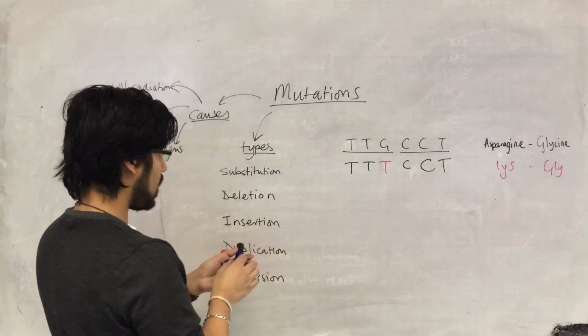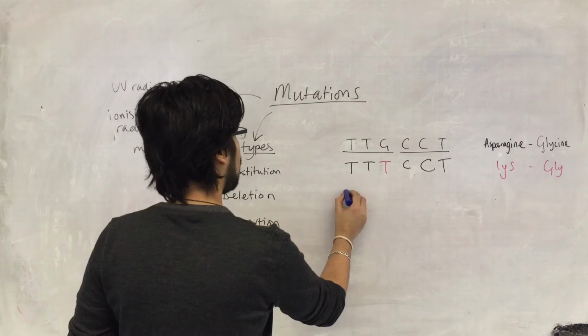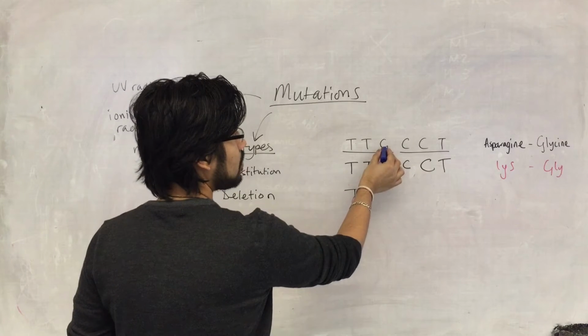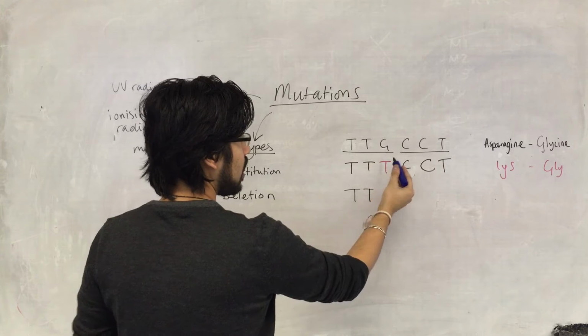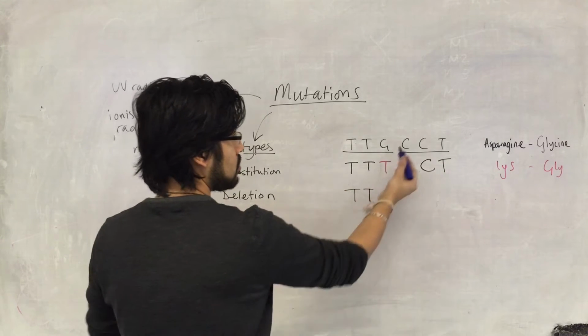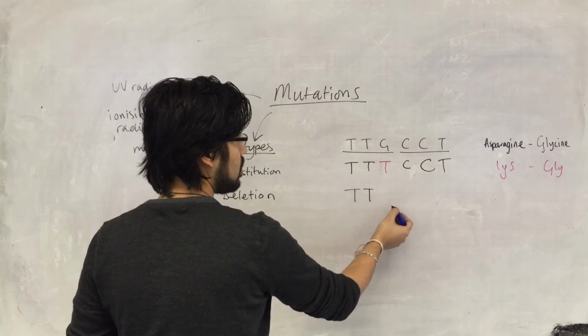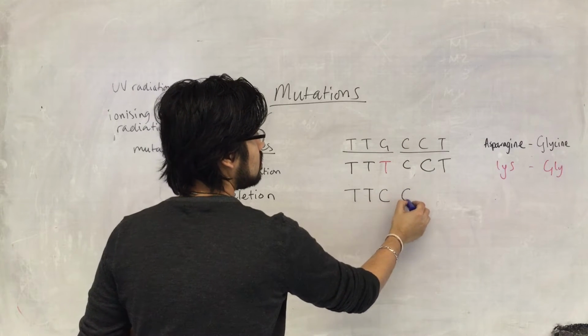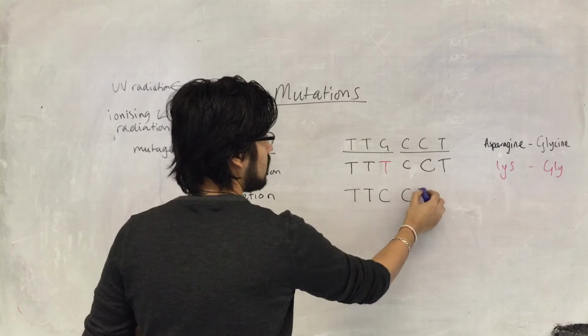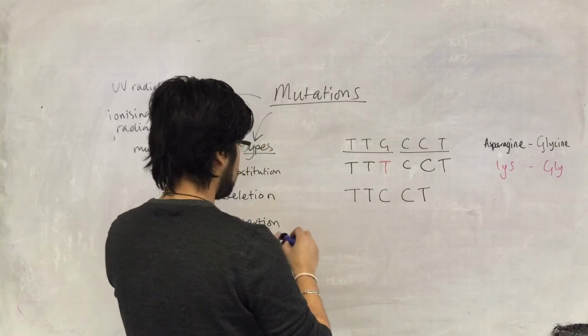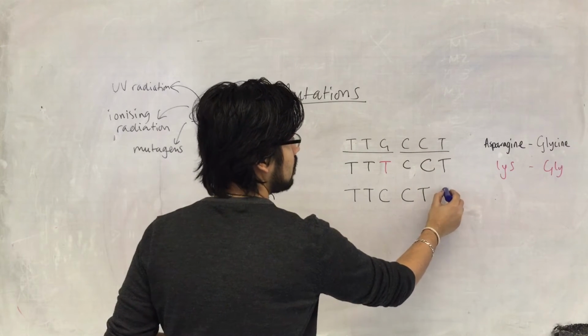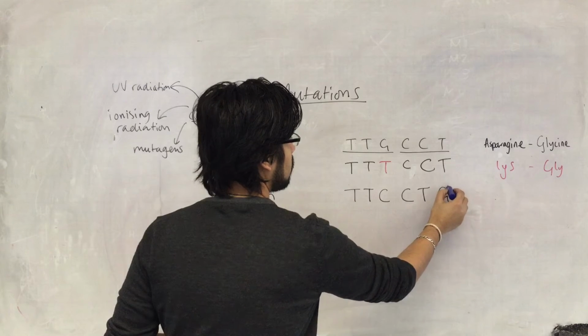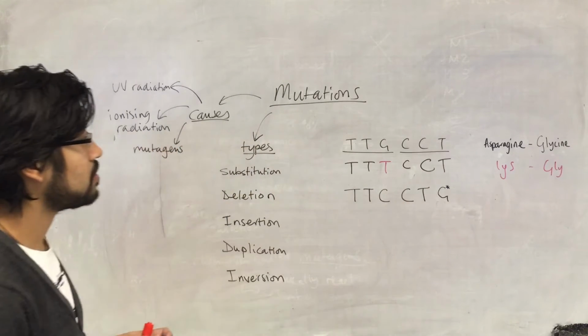In that case, our G would be deleted, and so everything would move down one. Because the G is no longer there, we carry on with C, that one, T, and then whatever else might be there. It might be a G, could be something else.